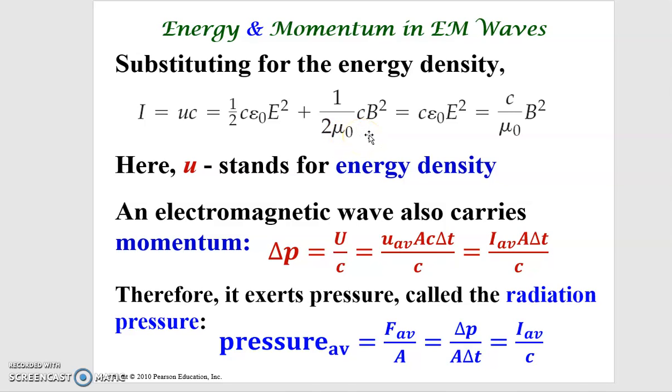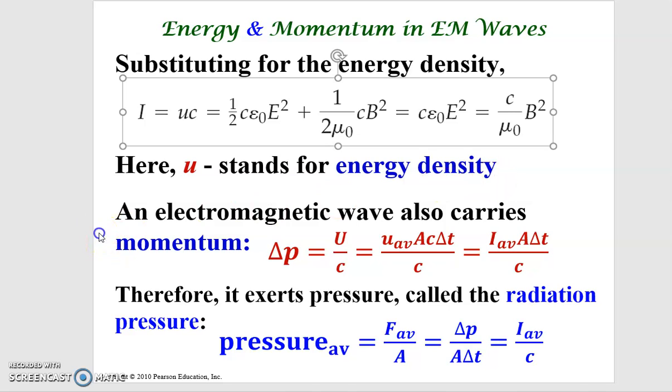Because we claim that if this value is root mean square, ideally this term should be the same as this term. So the intensity can also be expressed as c multiplied by epsilon naught multiplied by E squared, or c divided by mu naught multiplied by B squared. Here U stands for the total energy density.